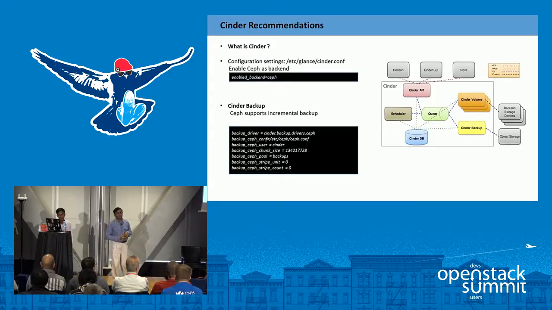So this is a strong recommendation if you are going for Cinder backups with Ceph as your main storage. This is a default configuration, nothing much, but I recommend it to have incremental backups and get a lot of space savings.